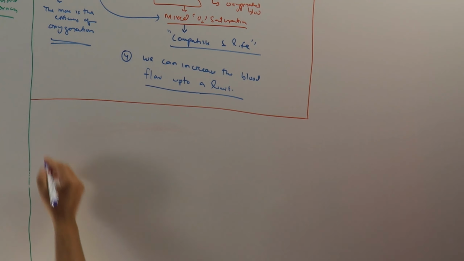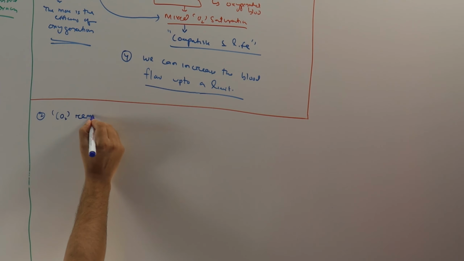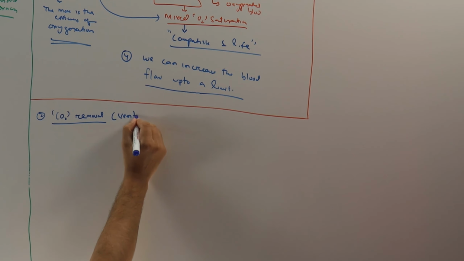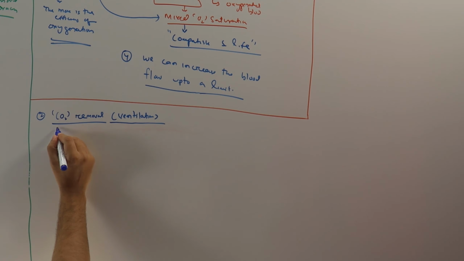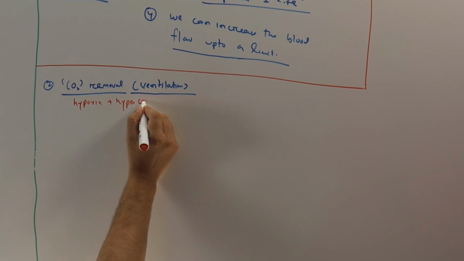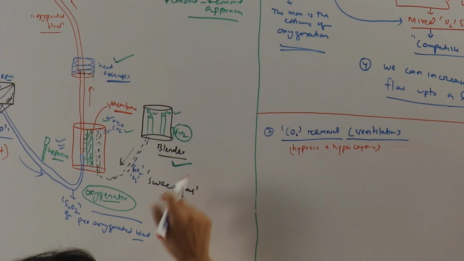So next, second point, will be carbon dioxide removal, which is also called ventilation, right? So our patient has hypoxia and hypercapnia, right? So the blender here is actually producing the sweep gas.